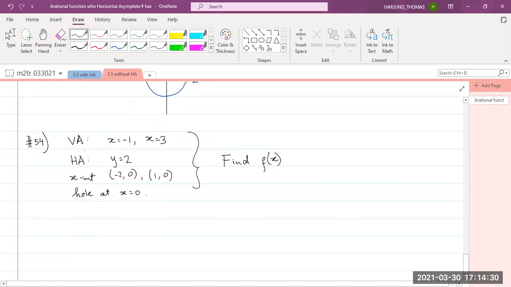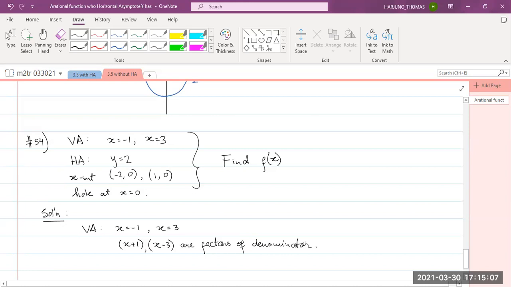So we reverse engineer that. Okay, let's start. Solution. The vertical asymptotes are x equals -1 and x equals 3, which means x plus 1 and x minus 3 are factors of the denominator. Right?